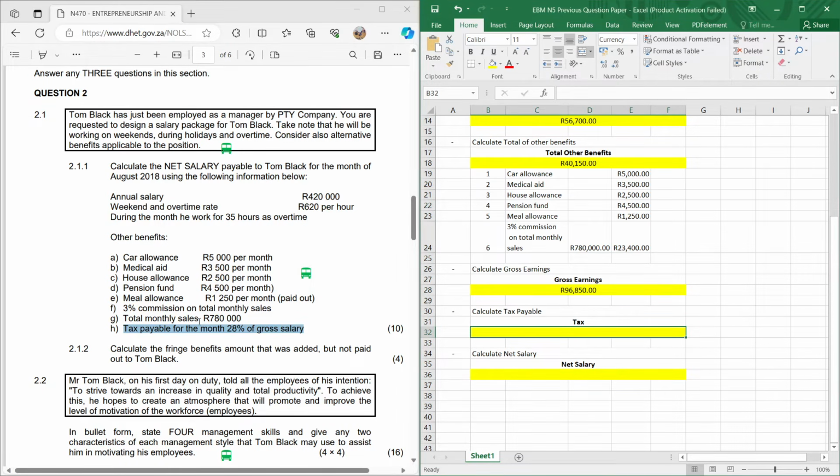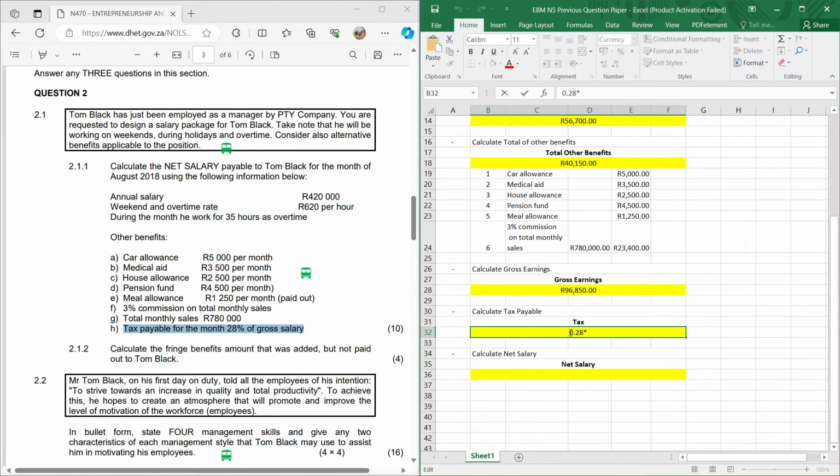We are being told that the tax payable for the month is 28% of the gross salary, so 28% of this amount is going to be payable tax. So we are basically going to say 0.28 multiplied by your gross earnings, multiplied by this amount.